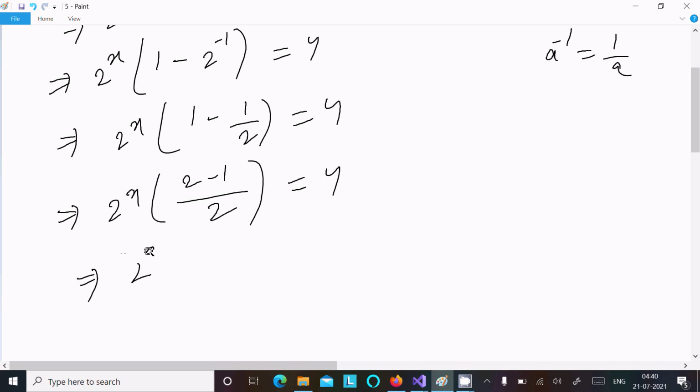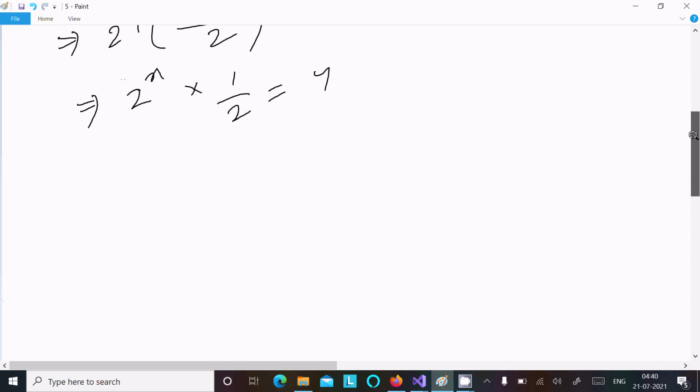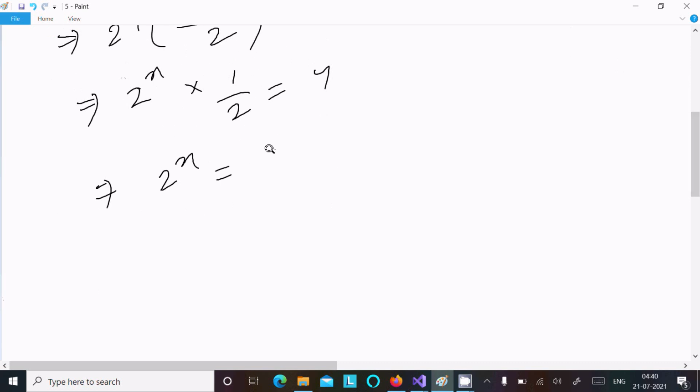Now 2^x times 1/2 equals 4. Thereafter, 2^x equals 2 into 4, that is 8, so 2^x equals 2^3, and 2^3 is 2 into 2 into 2, which equals 8.